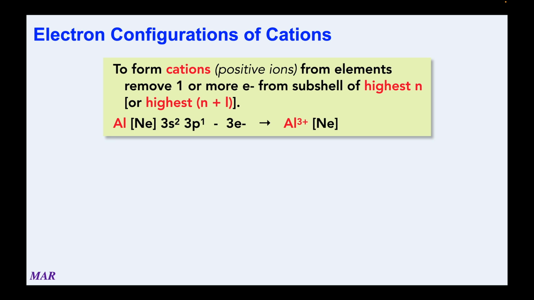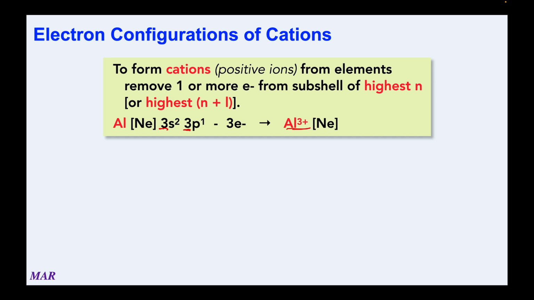Cations, positive ions, are a little bit different, but a similar idea. When you want to make a positive ion, you remove one or more electrons from the subshells of highest n or highest n plus l. I'll talk about what that means in a little bit. Now, aluminum likes to make aluminum plus 3, so that's removing 3 electrons. For highest n or highest n plus l, we're going to take them from n equals 3 because that's higher than the 1s2, 2s2, 2p6, the n equals 1 and n equals 2 of the lower ones.